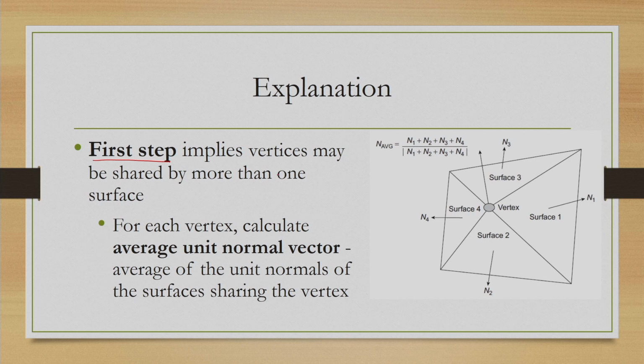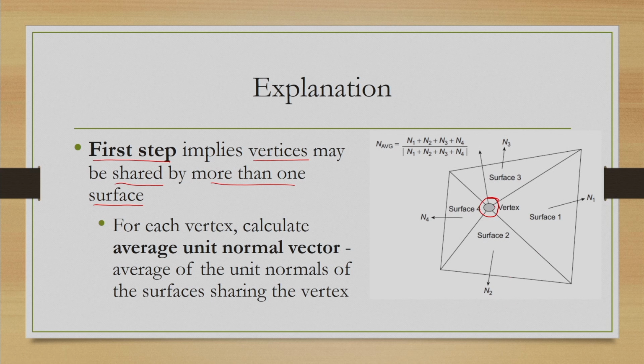It essentially implies that a vertex of a surface may be shared by more than one surface. For example, consider this vertex here. Now, this vertex is shared by all the four surfaces in this figure.